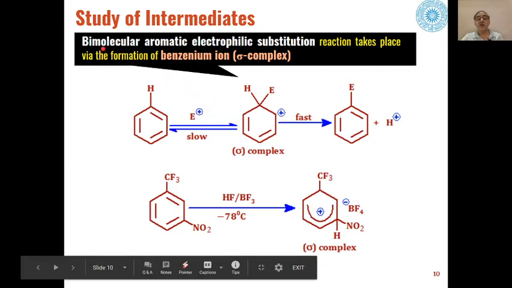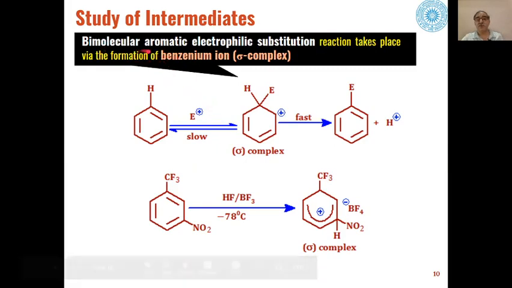And then another example of bimolecular aromatic electrophilic substitution is that instead of a nucleophile, if we use an electrophile, then these types of sigma complexes are formed, and these sigma complexes then will give us these types of electrophilic aromatic substitution products.